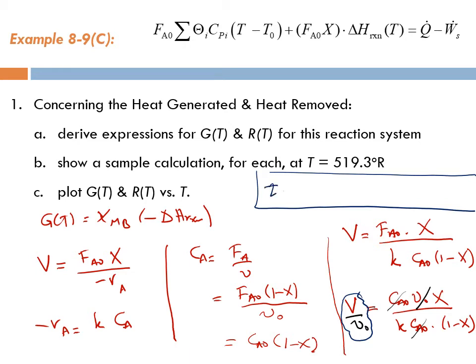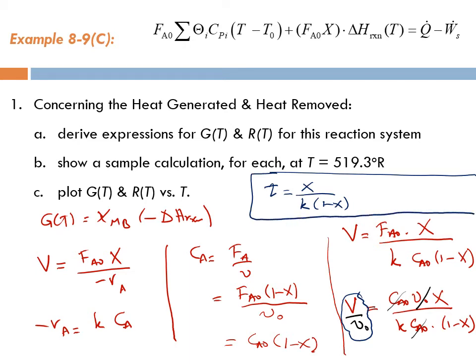So we have tau equals X divided by K 1 minus X. Okay, and then if we solve for X, then we get the X material balance. I'll leave the details of calculation for you to do. So that's X material balance equals tau times K divided by 1 plus tau times K.